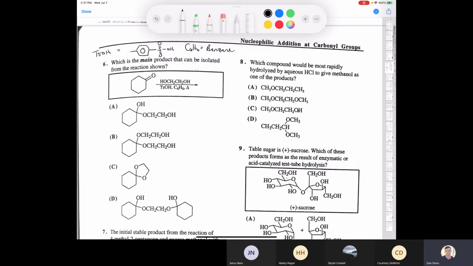Right, this is the reaction for an acetal formation. Right, so we would end up with an acetal, and we end up with a cyclic acetal in this case. So this is acetal formation. Okay, and if you remember, we even used this acetal as a protecting group for a carbonyl. And so make sure you know acetal formation.